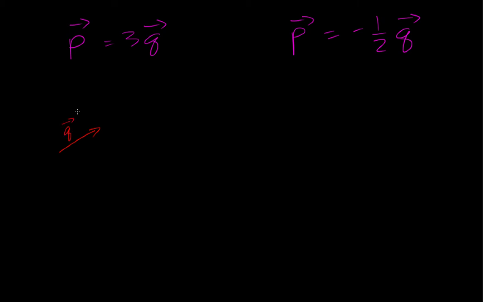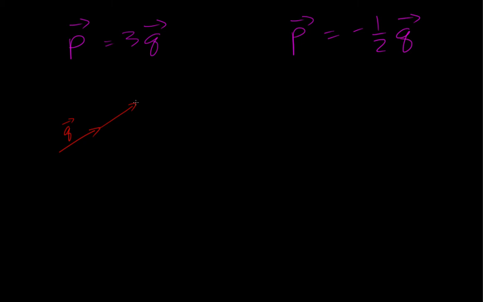This is sketch vectors P and Q if P is equal to 3Q. And then also if P is equal to negative 1/2 Q. So if we take Q and we multiply it 3 times, it will equal P. Q could be like anything, but let's say Q looks like this.